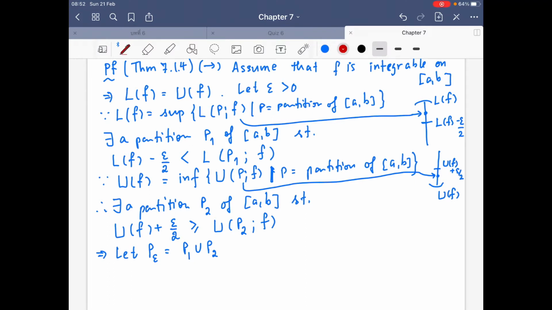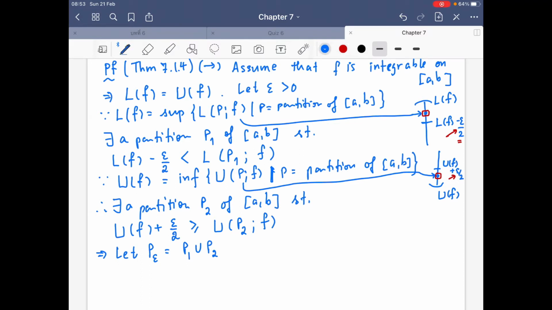Because P1 is given by the negative epsilon over 2, and P2 is also given by epsilon over 2. So the union of P1 and P2 can be regarded as P epsilon.